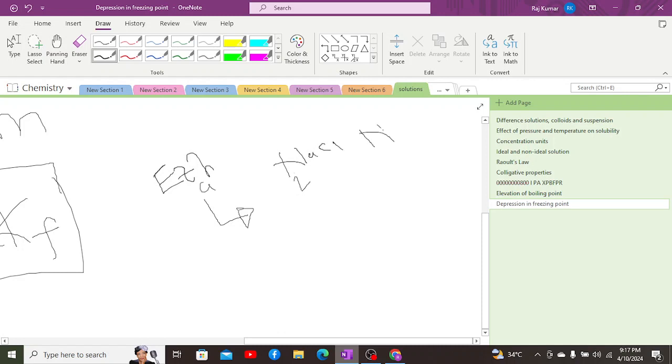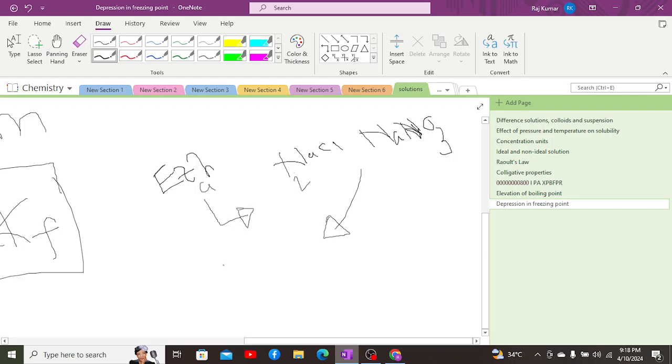These salts, along with the solute and solvent added within the ice cream machine, in this case the milk as the solvent and sugar and other ingredients as solute, cause the formation of a freezing mixture.